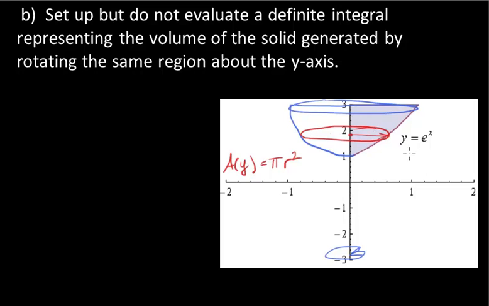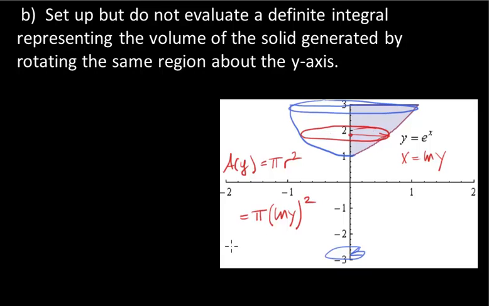Well, if y is e to the x, then we know that x is equal to the natural log of y, solving for x. So our radius is the natural log of y, x on the right minus 0 on the left, horizontal distance. So A of y is equal to pi times the natural log of y squared.